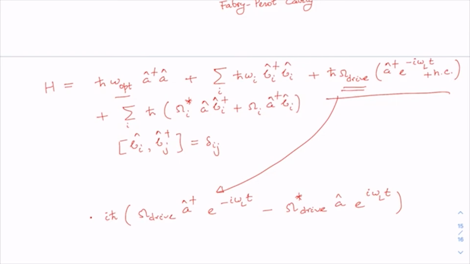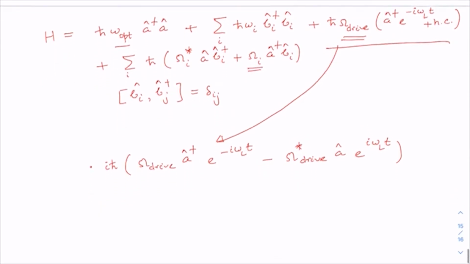So this particular term actually refers to the fact that there is a coupling between the system and Bath, and the strength of the coupling between the cavity mode and the ith Bath oscillator mode is given by omega I. So this is the usual coupling, and we are now going to analyze it.